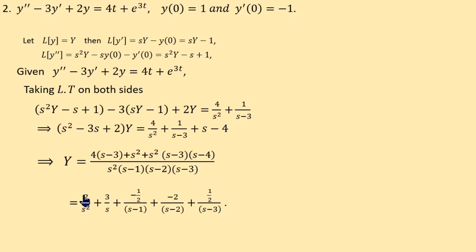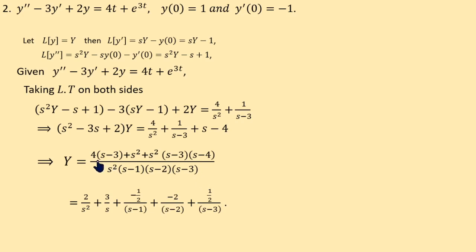Sorry, actually we are going to find this B value. So B minus 1 by 2 minus 2 plus 1 by 2. Minus 1 by 2 plus 1 by 2 cancels, leaving B minus 2 equal to 1. Therefore B is 3. This is how we are able to find the A, B, C, D, E values.